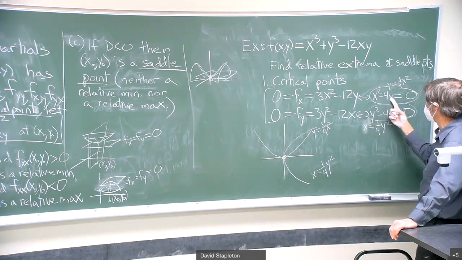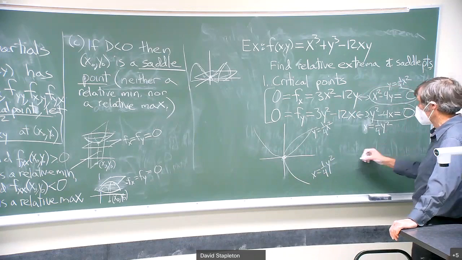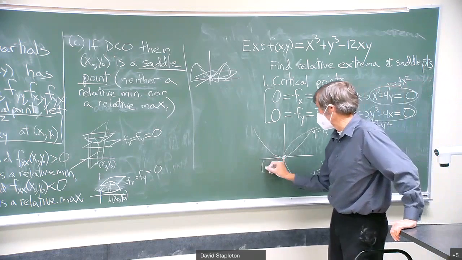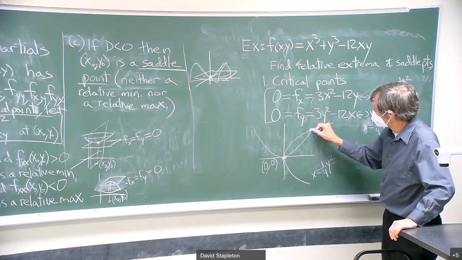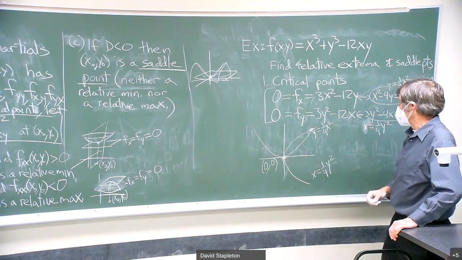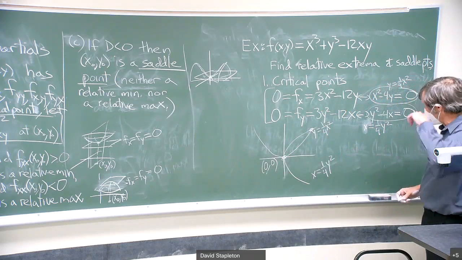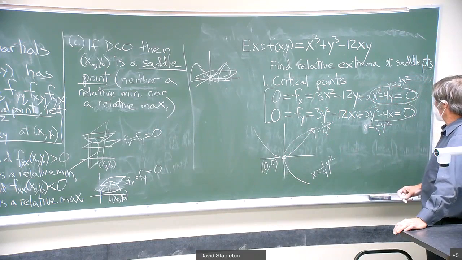Oh yeah, x and y both 0. That's an obvious solution. So 0, 0 is a critical point. But we observe since these are two parabolas, they're going to intersect out here somewhere too. So we can find the other intersection points by solving these two equations simultaneously.